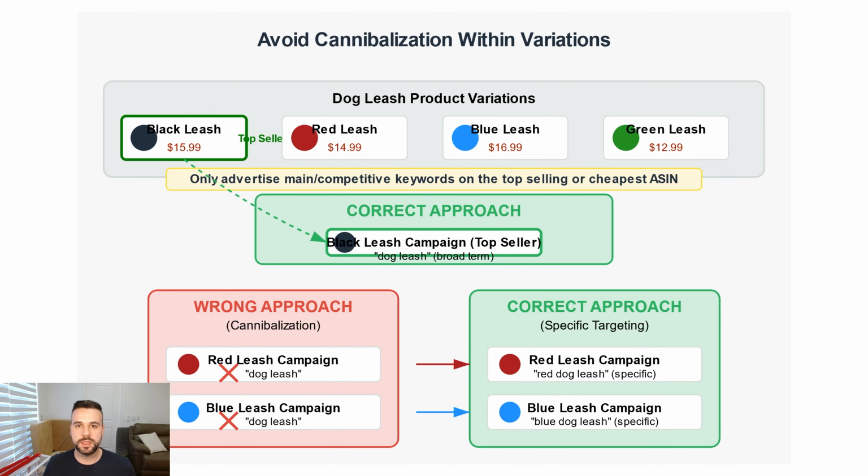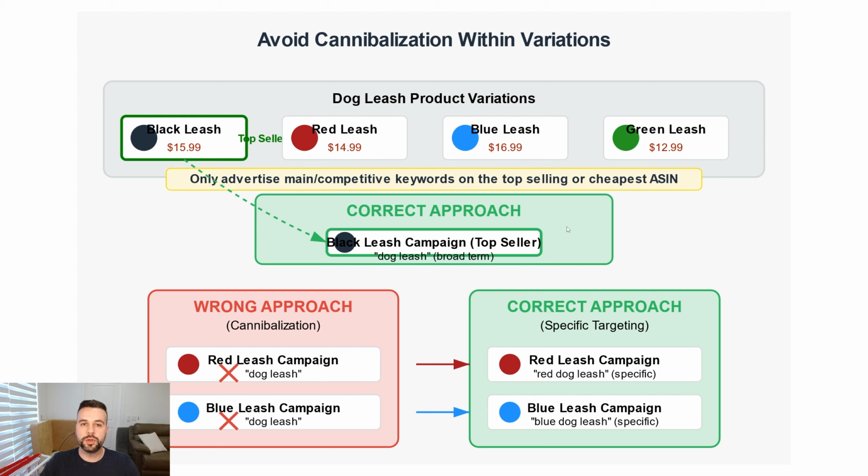Once you've established that top seller, or the top ASIN for that variation, you do not want to cannibalize those broad keywords for the rest of the products. For example, if the black leash is the top seller, this is the variation you're going to target keywords such as dog leash, walking leash, pet leash. Very highly competitive keywords that are more broad.